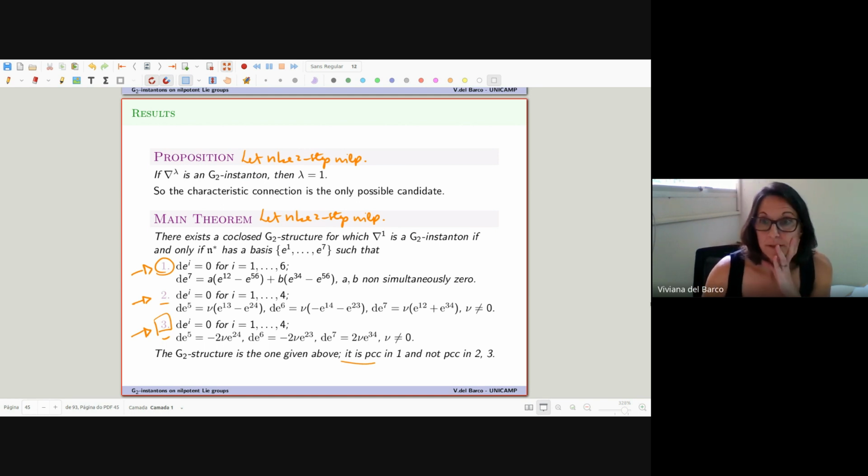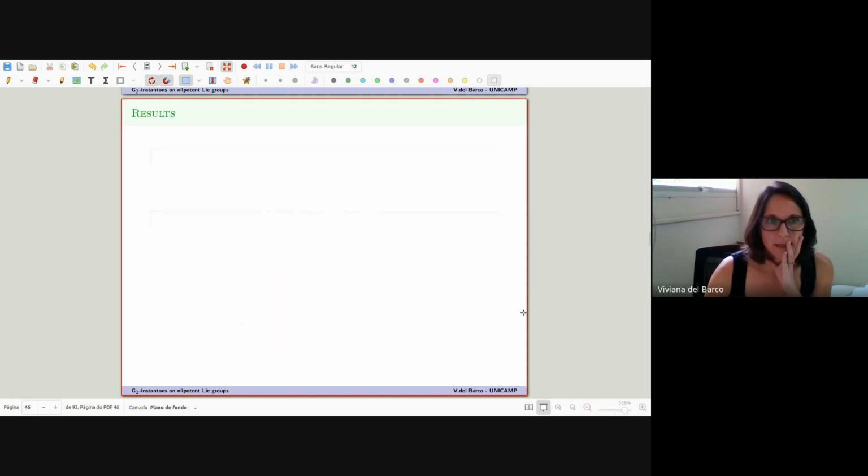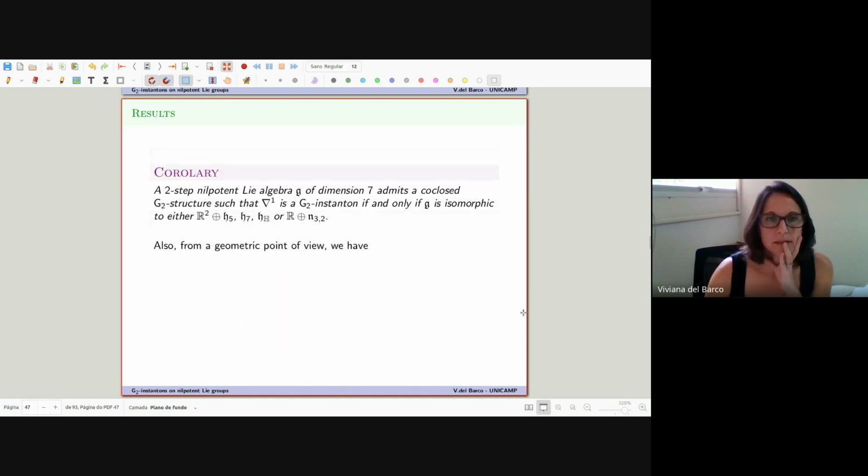Let me say the results put in a different way. A two-step nilpotent algebra admits a coclosed G2 structure such that the characteristic connection is a G2 instanton if and only if the algebra is either R2 times H5, the Heisenberg algebra of dimension 5; H7, the usual Heisenberg algebra of dimension 7; the quaternionic Heisenberg; or the last one, a 6-dimensional algebra plus an abelian ideal.